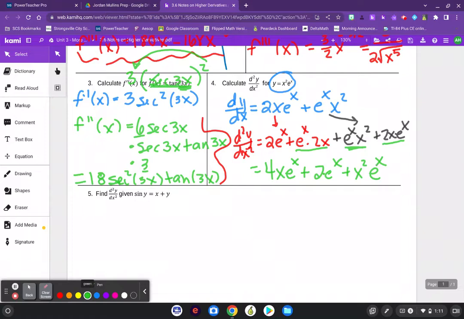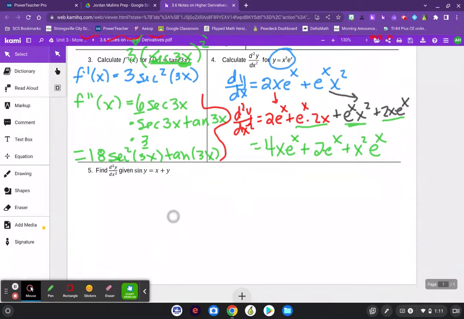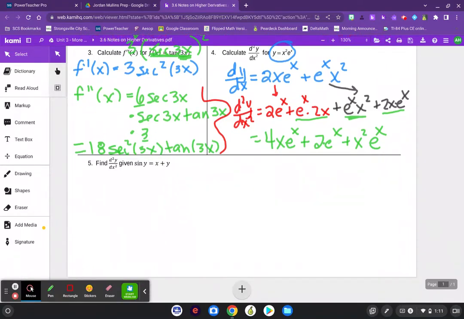Hope so. All right, let's do problem 5. And oh, yikes. All right, I see on problem 5 that I have some implicit differentiation that's going to happen here. So I need to find the first derivative and then the second derivative. The problem is that I got y's sprinkled throughout. So that tells me I'm going to have a little implicit differentiation.